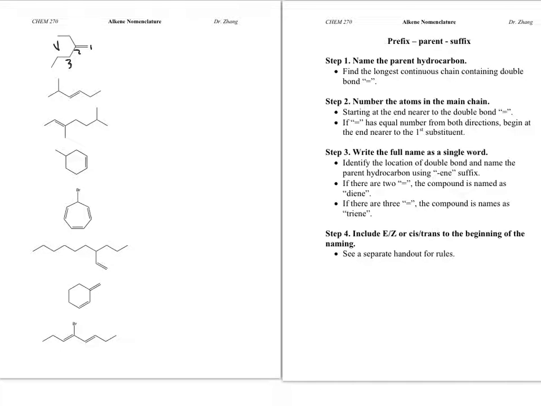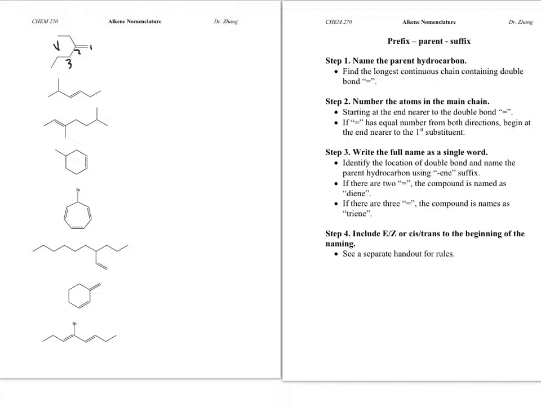And for the second molecule, the longest continuous chain obviously is this chain, and you may notice that the double bond is right in the middle of the molecule. Under that circumstance, the subcategory of step 2 suggests that you could start at the end nearer to the first substituent.